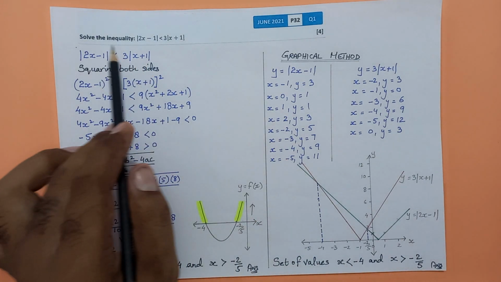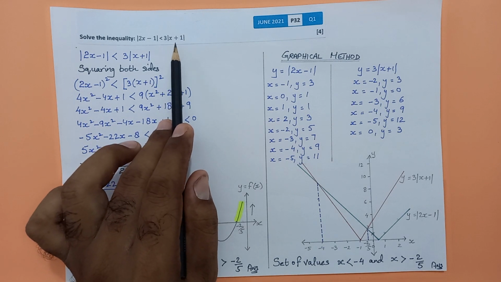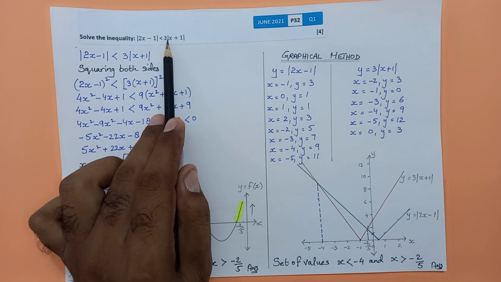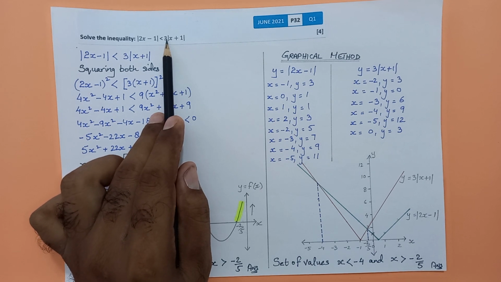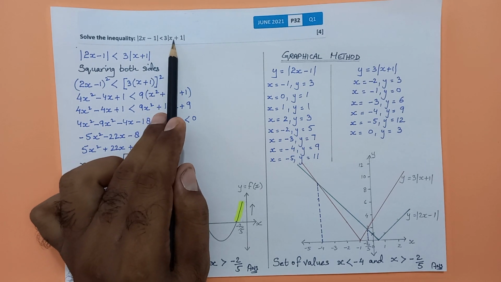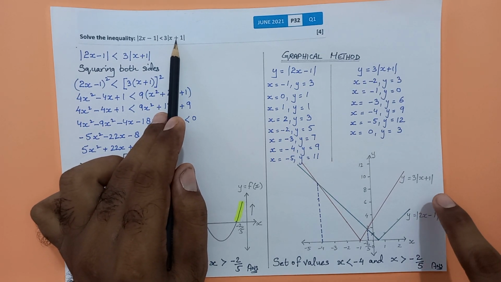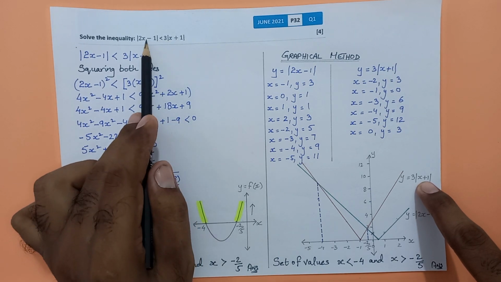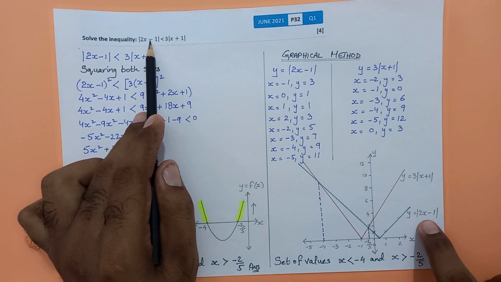If we look at the given question, it is saying that we need those set of values of x where this 3 modulus x plus 1 is greater than this one, and this is represented by the red line. So red is greater than the green one because this is represented by green.